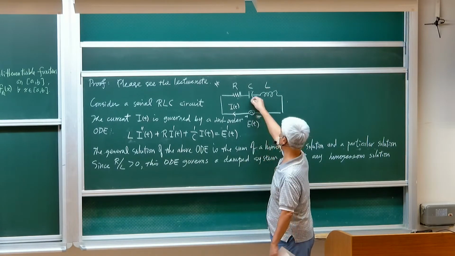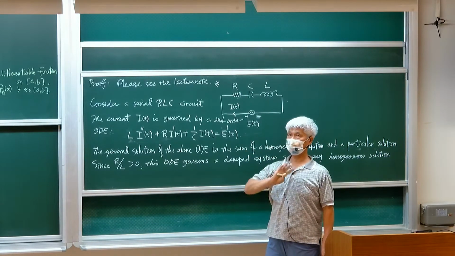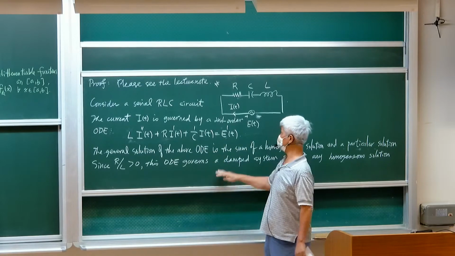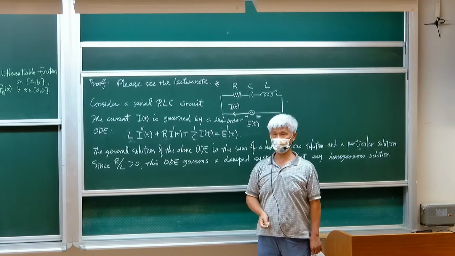If the initial energy in these two components is 0, then the current is 0, nothing. So 0 is also a solution of the homogeneous differential equation.